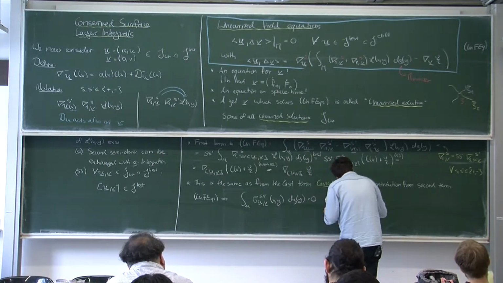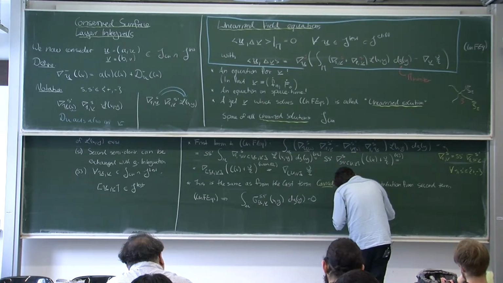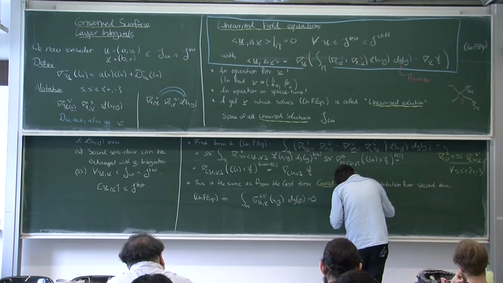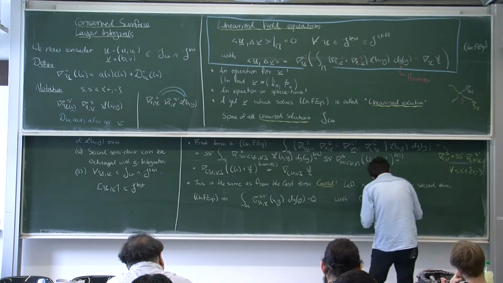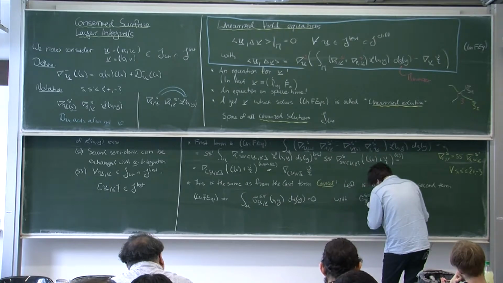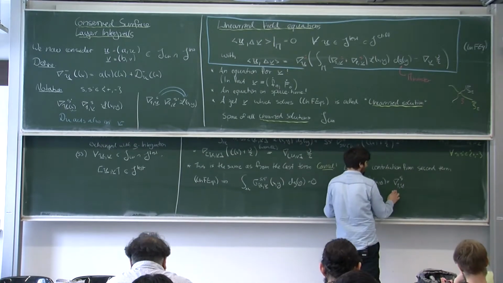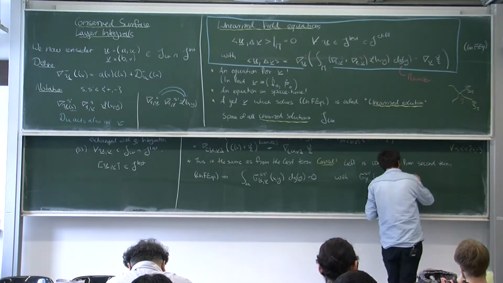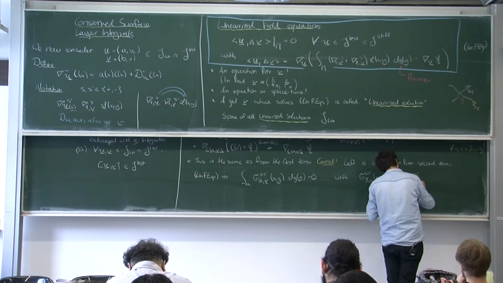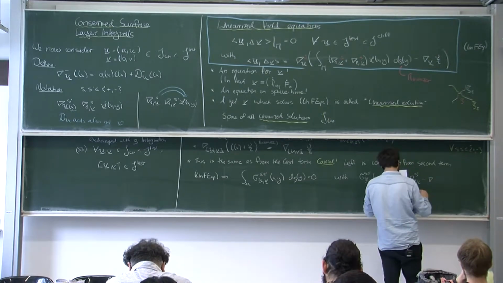And that's important now: sigma u v s s prime of x and y is just given as follows. It's a semi-derivative with respect to u acting on the first variable, and a semi-derivative with respect to v acting on the second variable of L, minus the same term just anti-symmetrized.